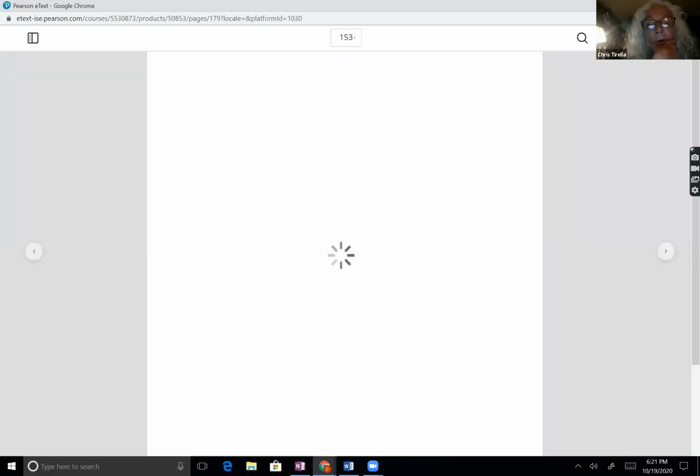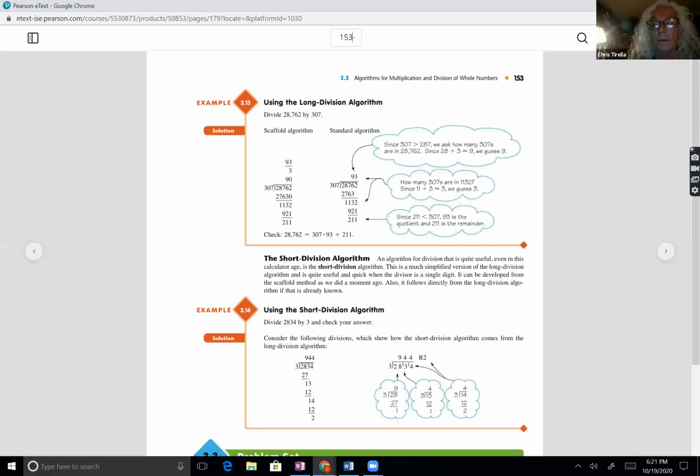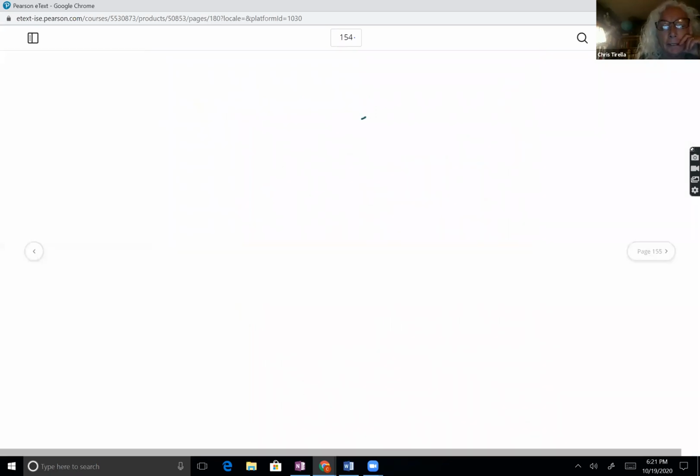It's an interesting one. How did you folks do with the question on page 153, question number 17? Multiplying using that lattice method. And then the very last page of the homework, how did you folks do with the different bases?